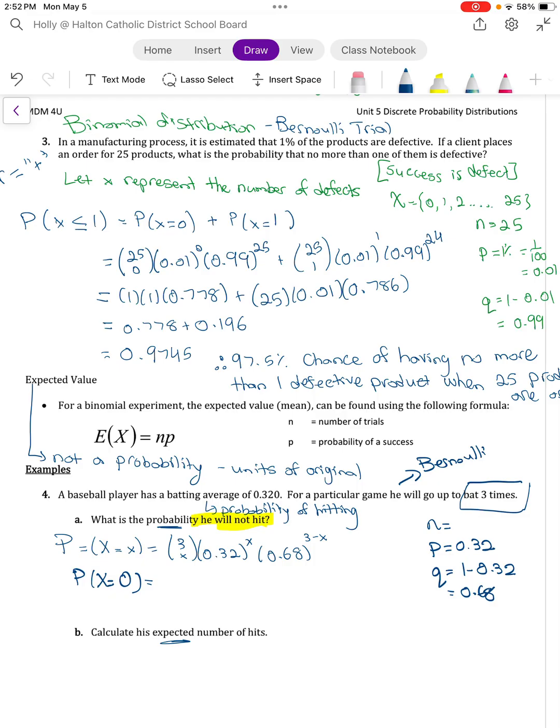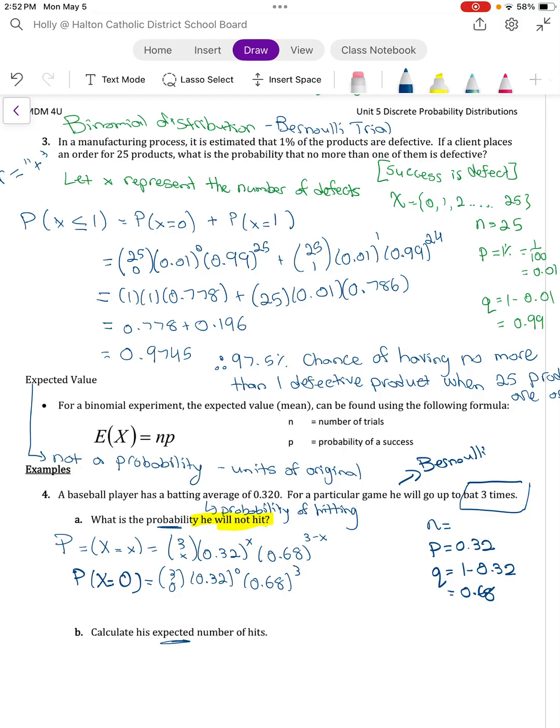If X equals 0, then we have 3 choose 0, and we have 0.32 to the exponent of 0 times 0.68 to the exponent of 3.